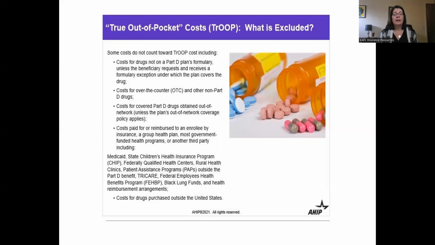I've heard of people that maybe get prescription drugs at lower costs from Canada. Those aren't going to count towards the out-of-pocket costs. And costs that have been paid for or reimbursed by another plan, so by insurance or a group health plan or any of these plans listed, including Medicaid. Okay, so these are all things that are excluded from TROOP.